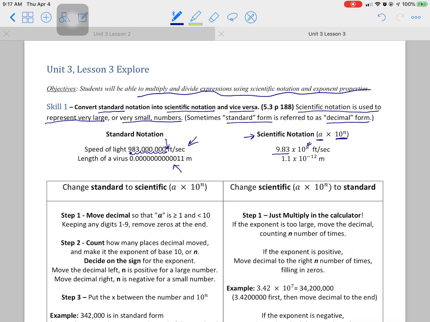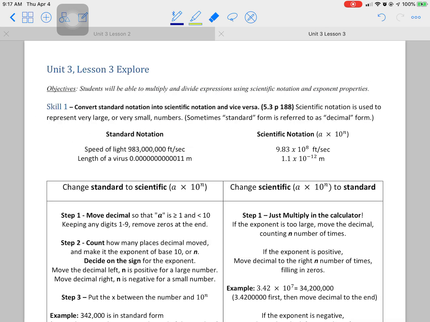All right, so even though this is 983 and then a whole ton of zeros, we counted all the zeros. There were 6 zeros, plus we need to move it 2 more places to get to only have one number right there. Sorry about all the underlining and arrows. Let me do that again. Okay, let's try that again.